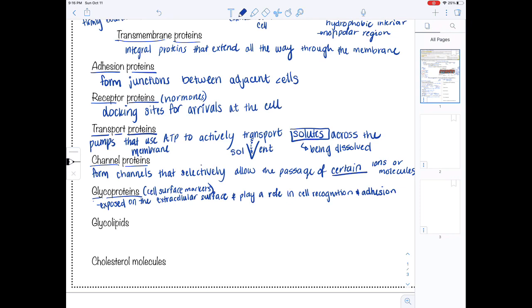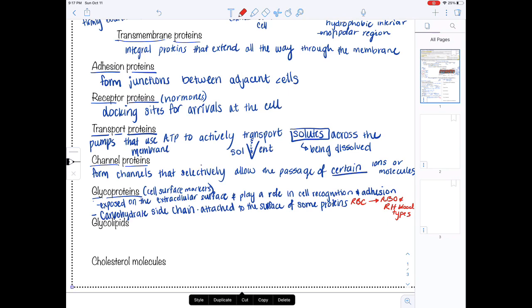Your glycoproteins are really a carbohydrate side chain that is covalently bonded or attached to the surface of some proteins. And your glycoproteins are only going to be found on the outer surface of the plasma membrane. An example of this would be your red blood cells and the recognition of ABO and RH blood types.